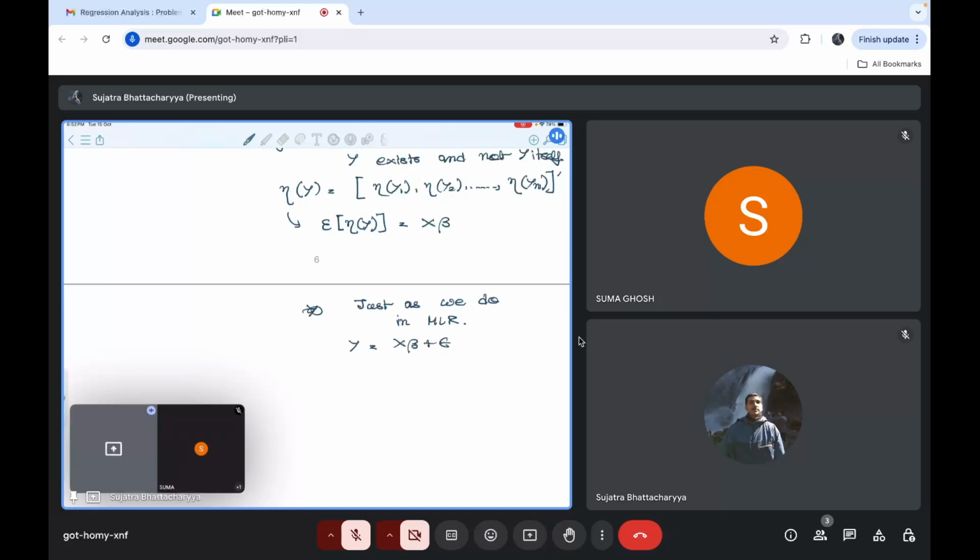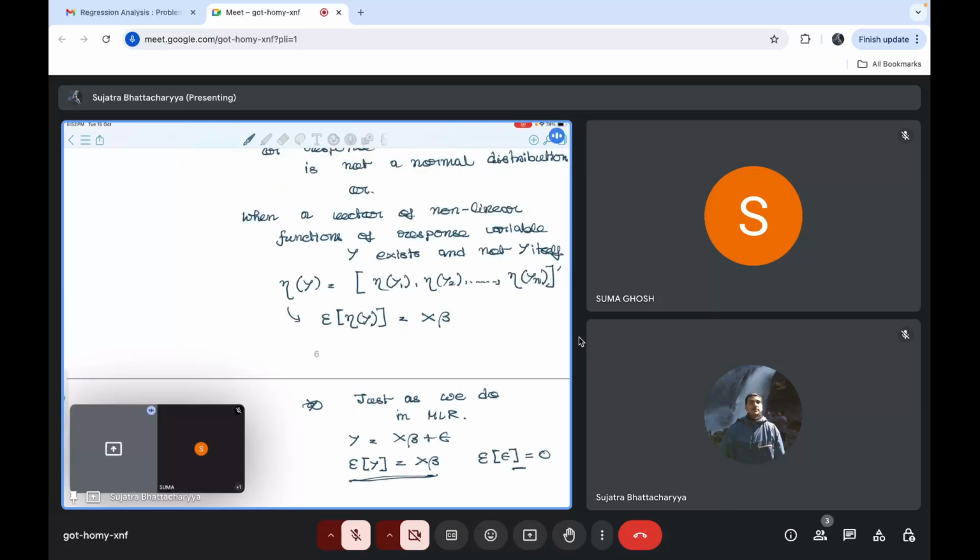This is the model which we generally take, and we say that the expectation of this y is nothing but x beta. Why? Because we assume that the expectation of this error distribution is zero. That's why it will be x beta. Similarly, the only difference is that this y will now not be the y itself, but some kind of nonlinear function of y.